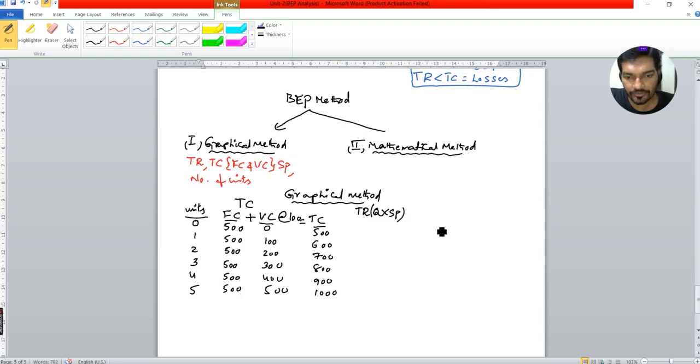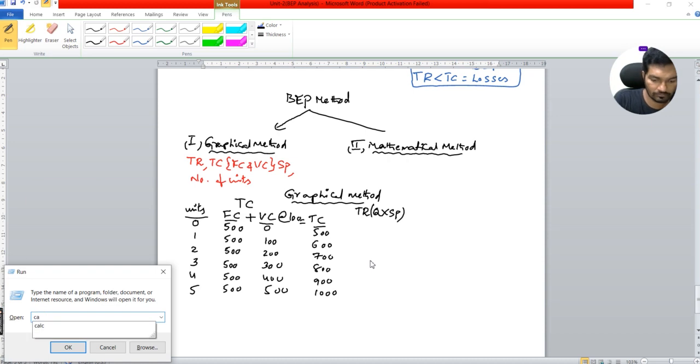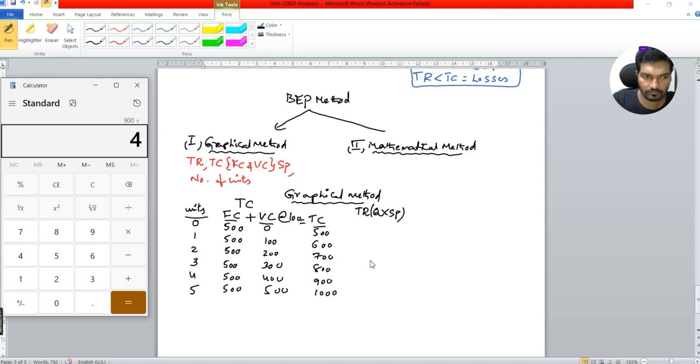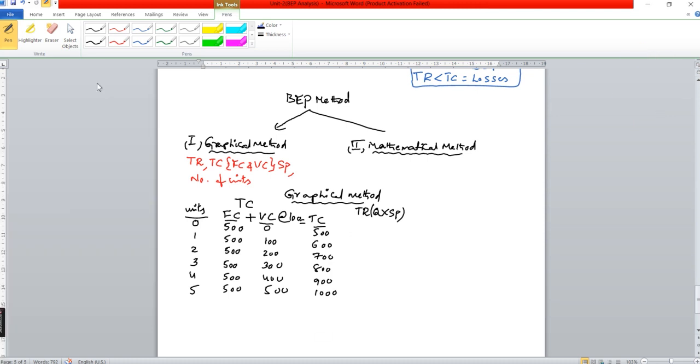Here I am fixing the selling price at 225 rupees per unit.